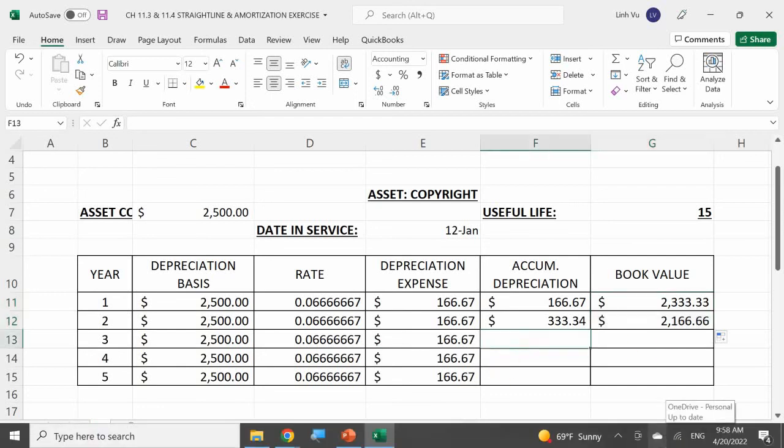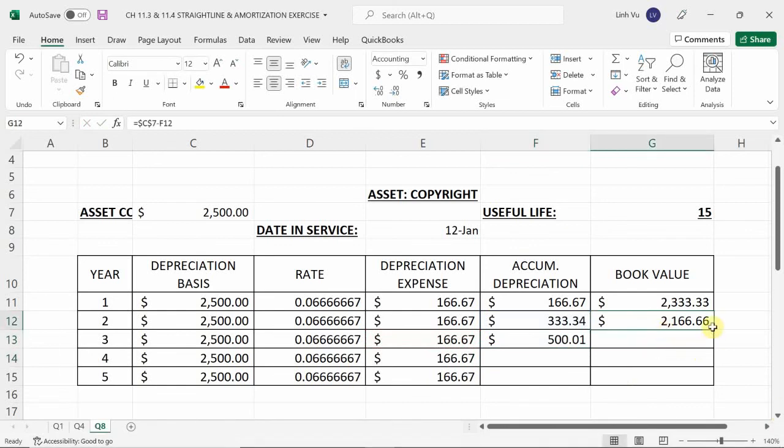So yeah, now we got 333.34. Okay, you can see 3 times 166.67 gives us 500.01.